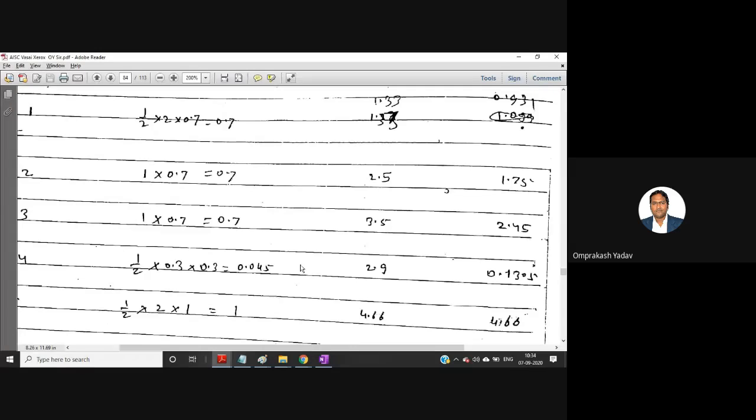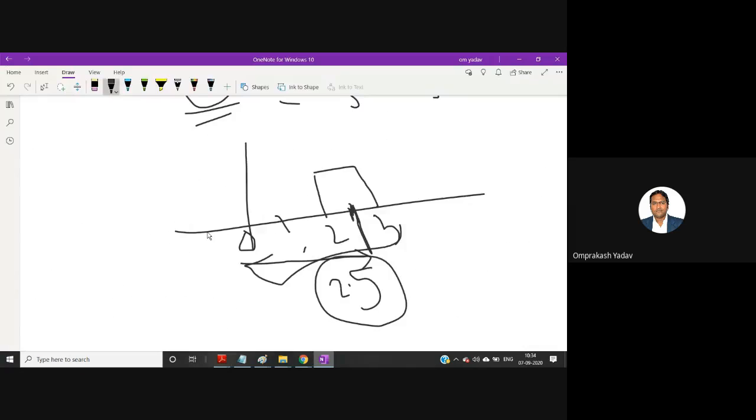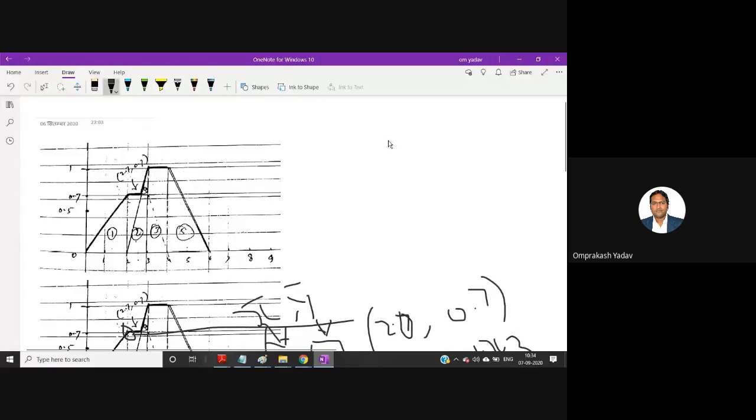Now let's go to the fourth one. Okay, this is the fourth one. This is a smaller triangle. So let me draw this. If you see this particular point, it's at 3, comma 0.7.